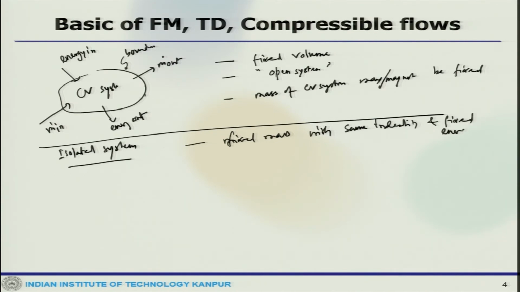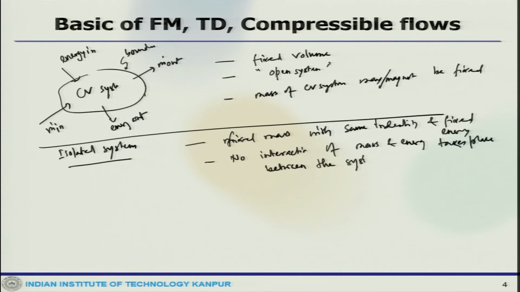So, there is no interaction of mass and energy between the system and the surroundings. In more informal words, an isolated system is like a closed shop amidst a busy market.